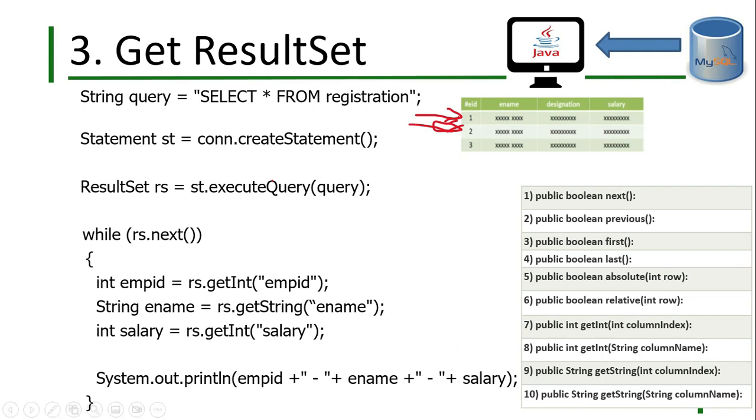We also have getBoolean and others, through which we can get the data of whatever type has been set for that particular field.